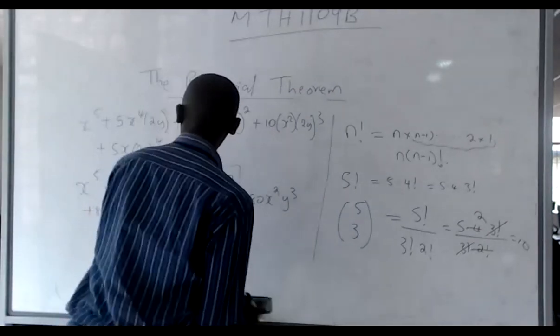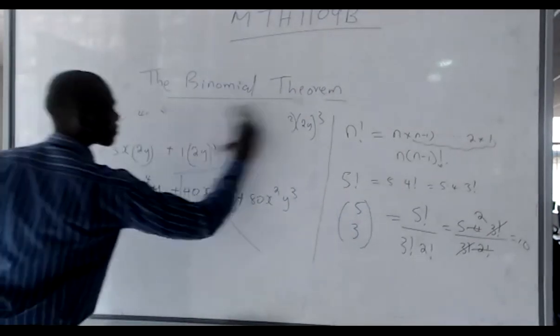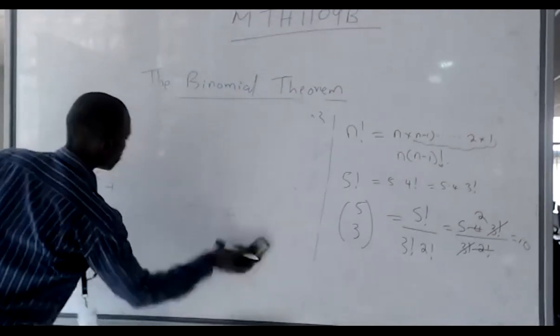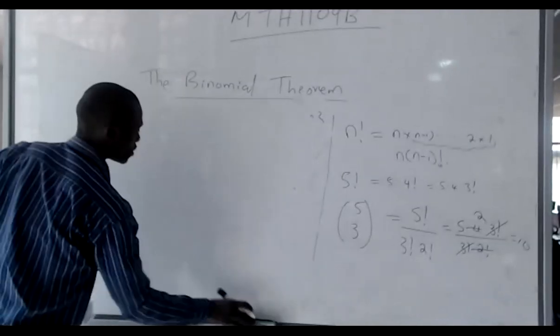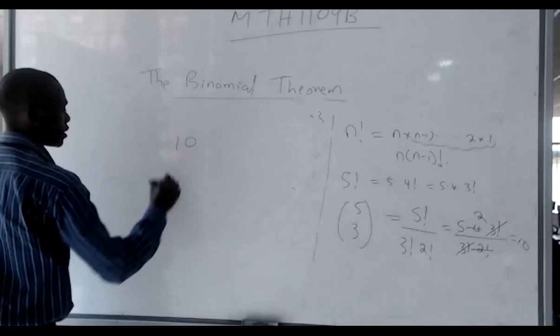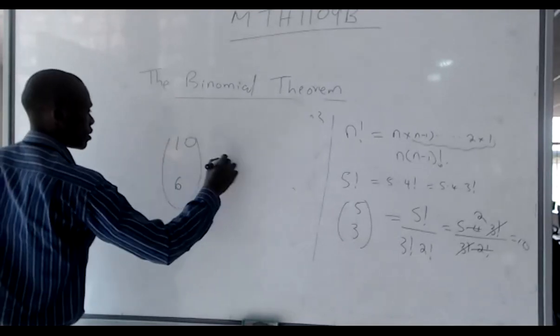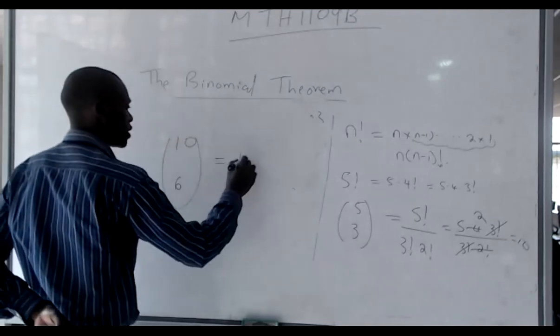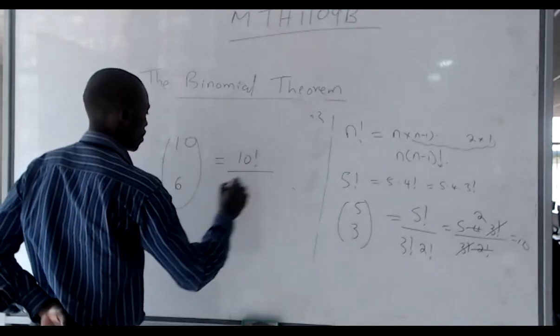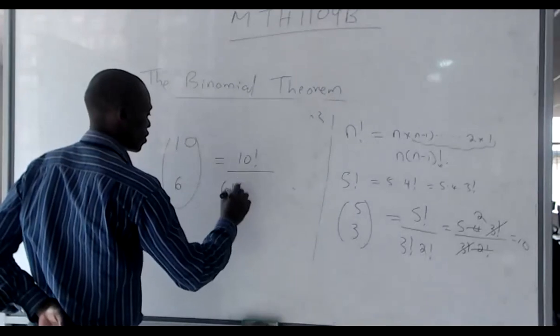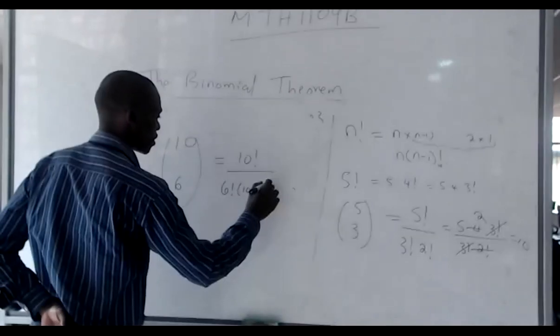Let me use a bigger number. Suppose you want to compute, let's say, 10 combination 6. Then by definition, I need 10 factorial divided by 6 factorial times 10 minus 6 factorial.